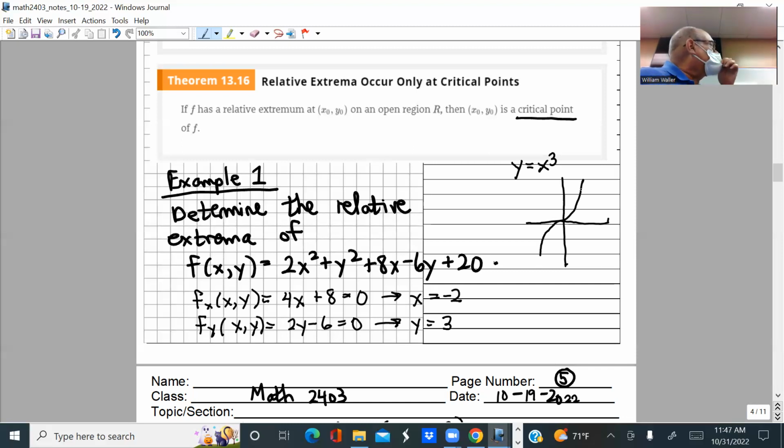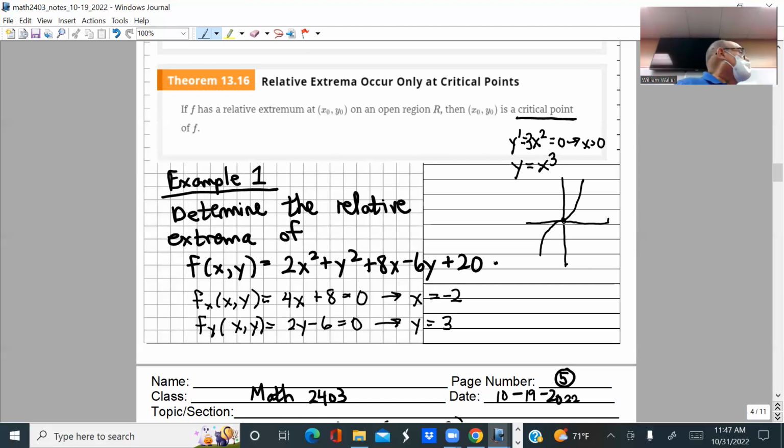But when you look for critical points, the derivative, of course, is 3x squared, right? So that is going to be 0 when x is equal to 0, right? So it looks like you're going to have a local minimum or a local maximum at x equals 0, at the origin. But that turns out to not be the case.